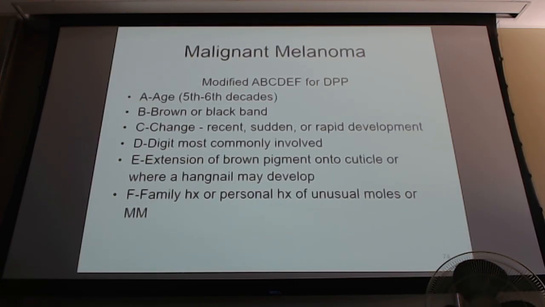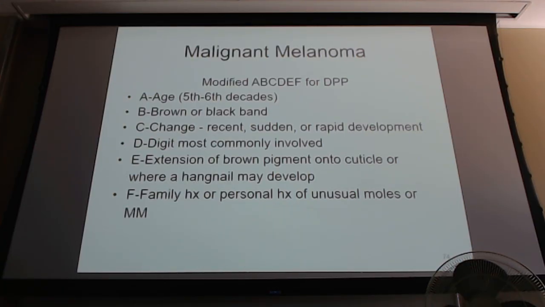Something, this is just a slide. I'm not going to test you on this. We're going to stick with the regular A, B, C, D, E's. But this is just putting some highlight to one of those things that we have to think about with dark pigmented people. So their age, 50s or 60s, brown or black band, change, so it's not the same as it was when it first started.